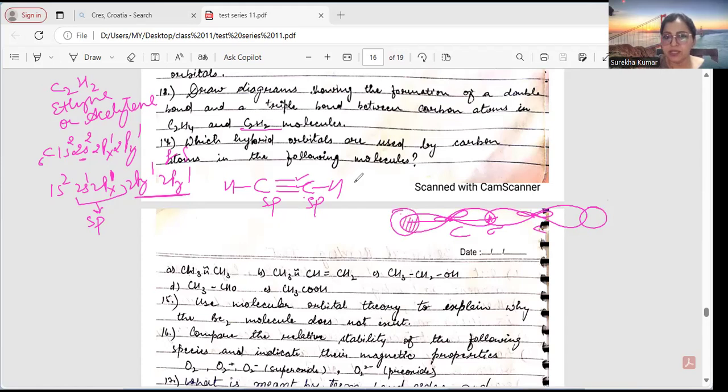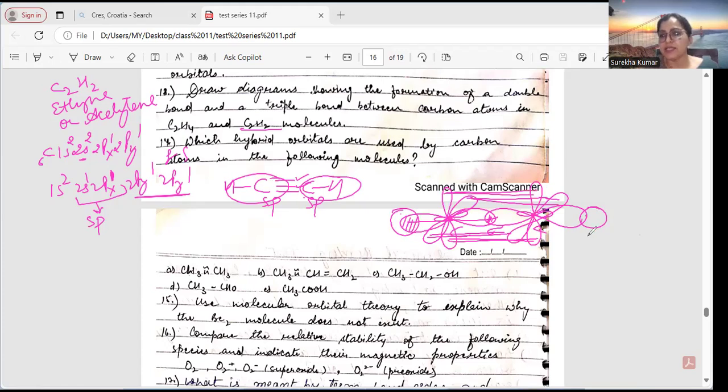These structures I have shown right now. Now, to show the two pi bonds, the 2py orbital and 2pz will be shown. 2pz and 2pz will show sideways overlapping, and 2py will show overlapping with 2py.